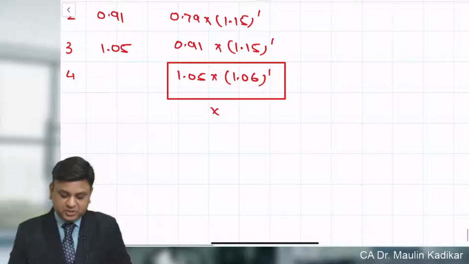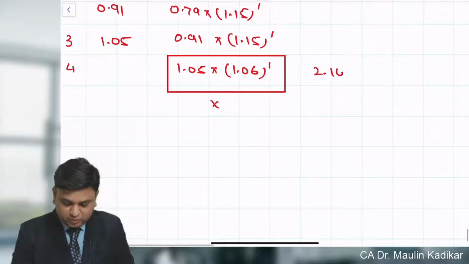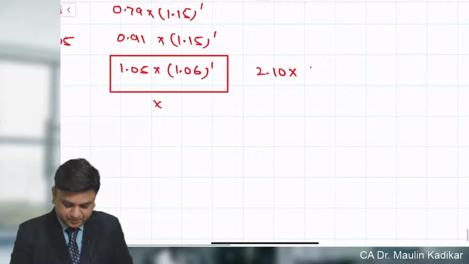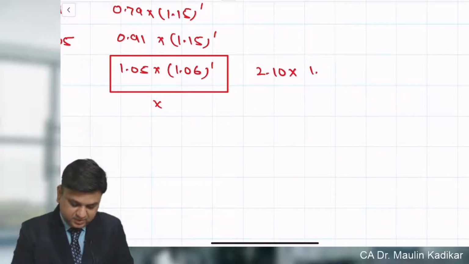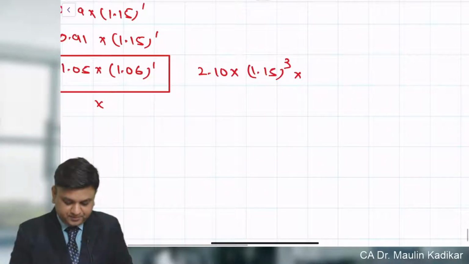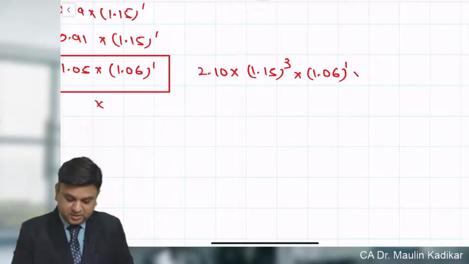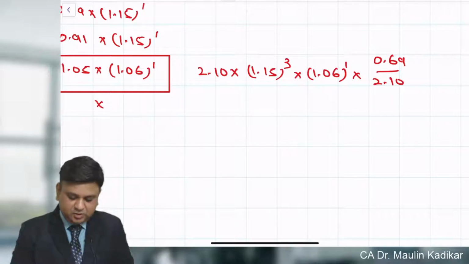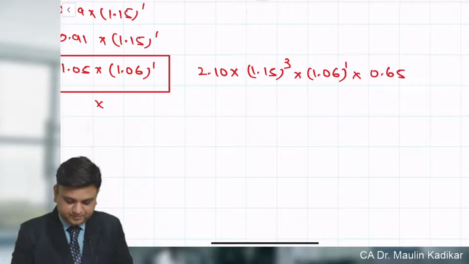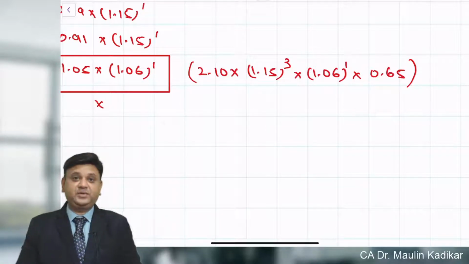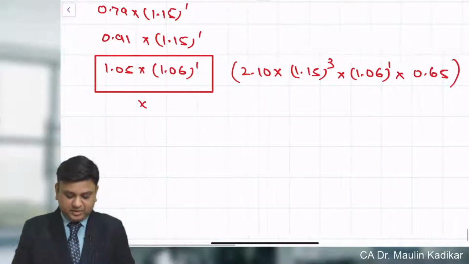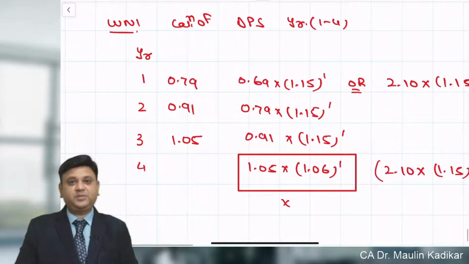So how to compute the fourth year dividend? 2 rupees 10 paise into 1.15 raised to 3, so this is the third year end, into 1.06 raised to 1, so this is the fourth year end, into 0.65. Why? Because the dividend payout ratio is changing to 65% of the earning. So this is the way we are required to compute the fourth year dividend per share.